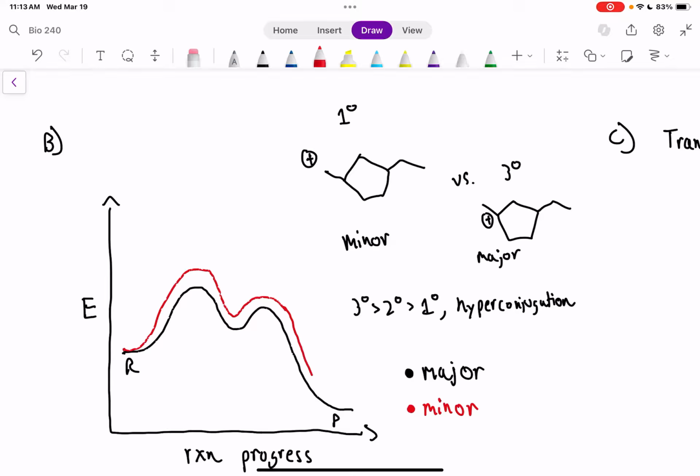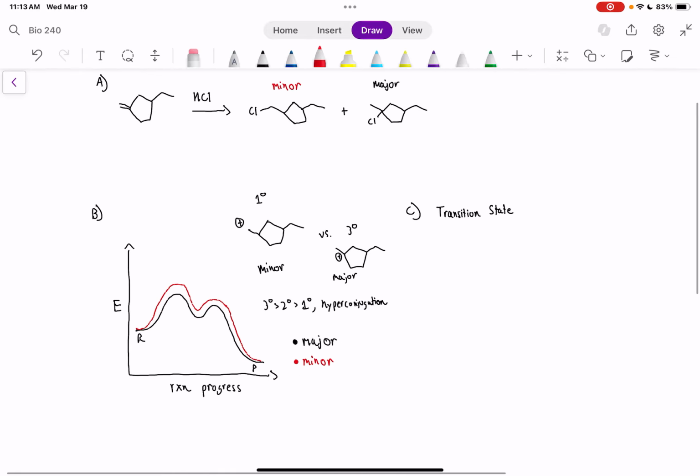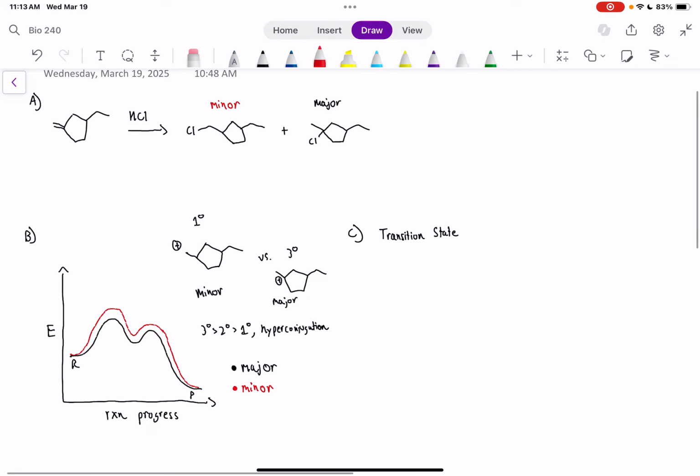And then I would come back down and have very similar energies at the product level. We're not asking you to differentiate which one of these might be more stable based on the products, but based on the carbocation in transition states, we know that the minor product must go through a much larger energy barrier compared to the major product.